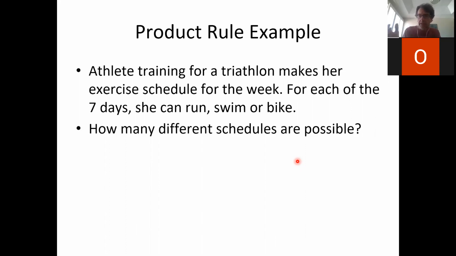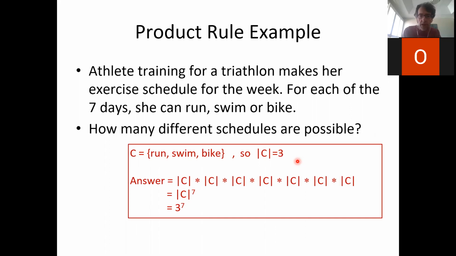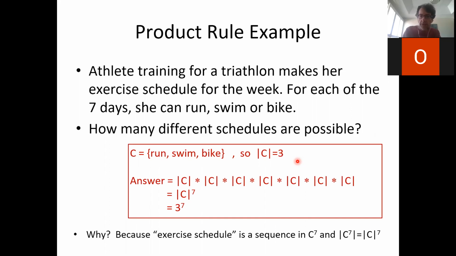So what are these exercise schedules, right? Each schedule is a sequence. So C is the underlying set, right? Like the possibilities for every day, it's the same set: run, swim, or bike.